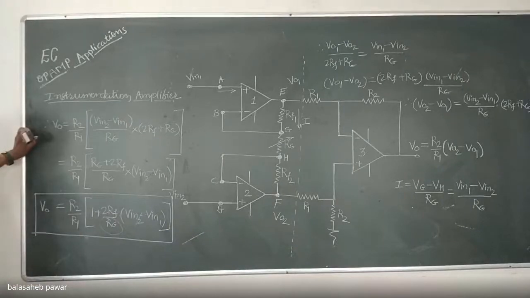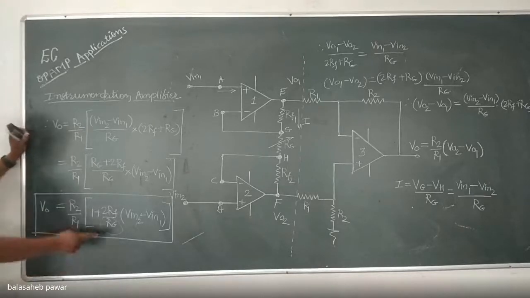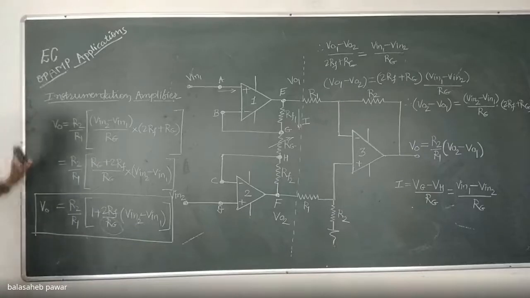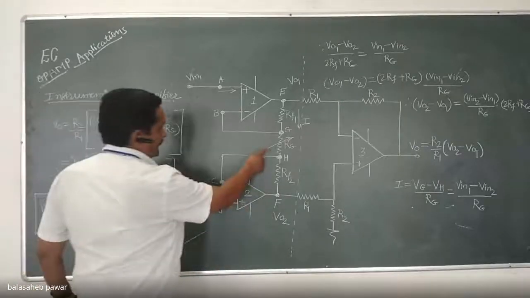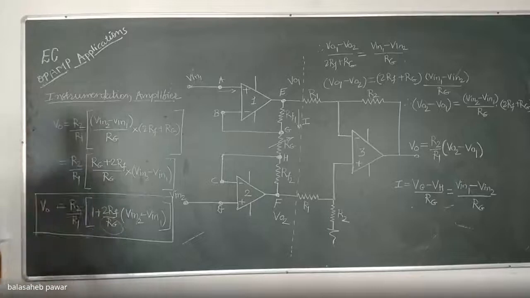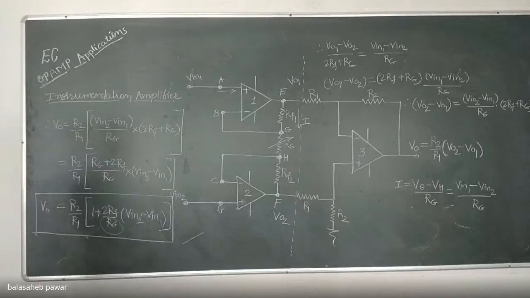From this equation, you can easily conclude that the value of this RG sets the gain of this amplifier. Whenever we change this RG, the output voltage will change, and that's why it is shown as a variable resistor. Is it okay?